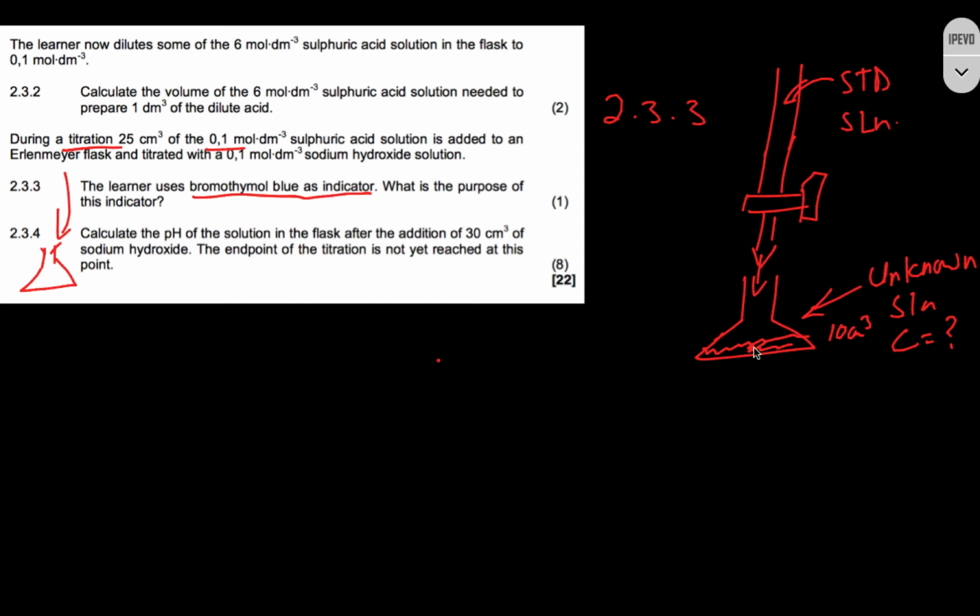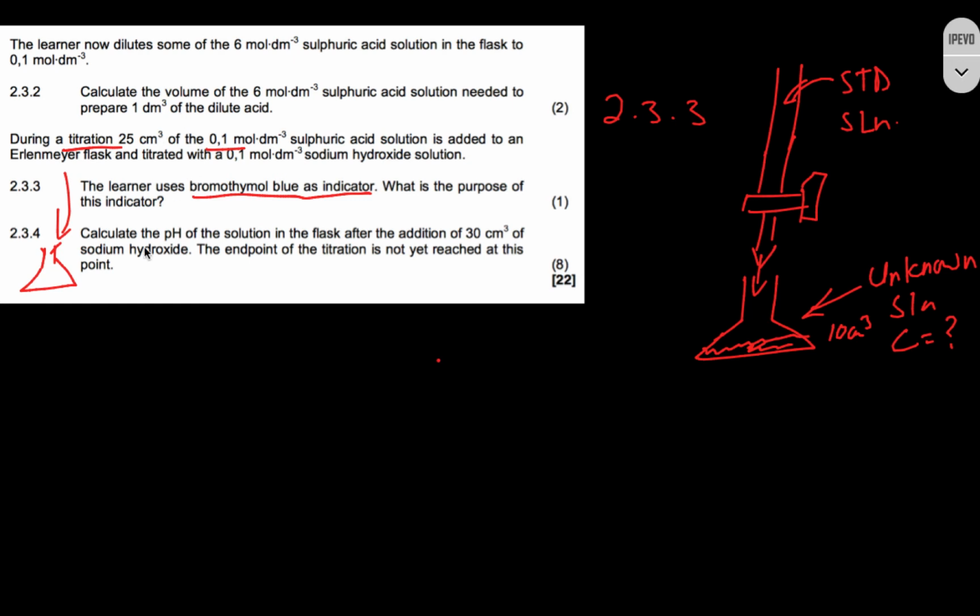An indicator shows you that all the acid or all the base has been neutralized by the change of color. You need to know where to stop the titration, and that's the function of the indicator.